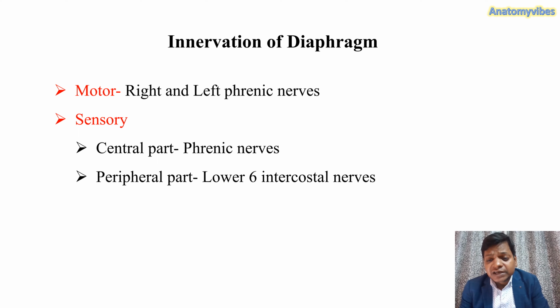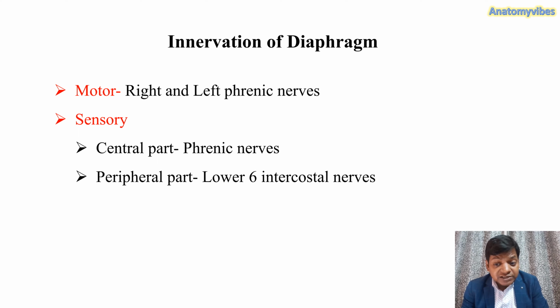If you have studied referred pain, now think that if there is some irritation to the diaphragm due to any disease, the pain will be carried via these phrenic nerves because it is also supplying the sensory nerve endings to the diaphragm. The root value of the phrenic nerve is C3, C4, C5, and the dermatome of C3, C4, C5 is around the shoulder region.